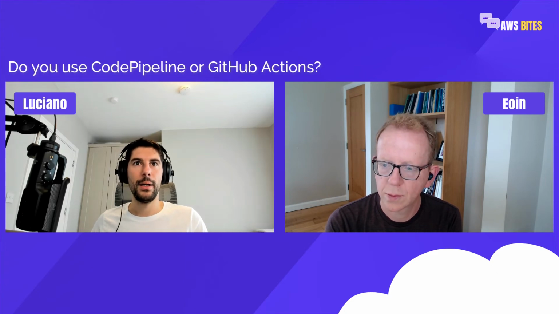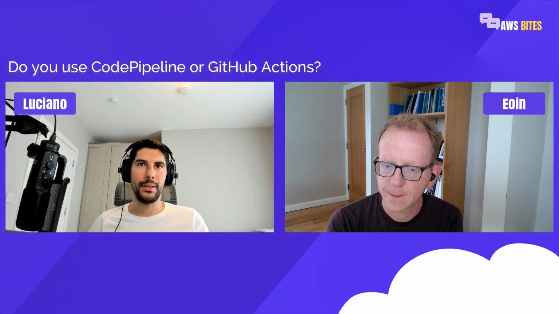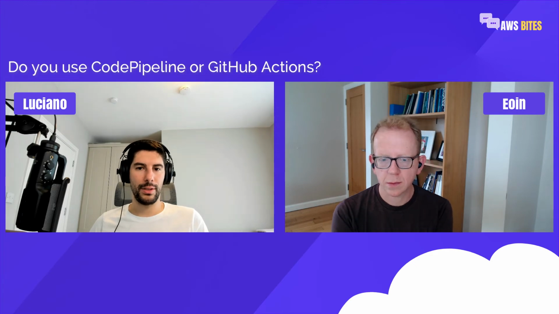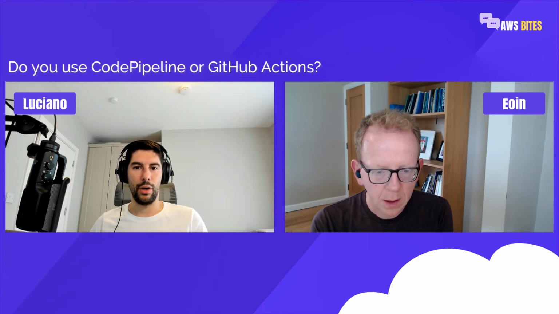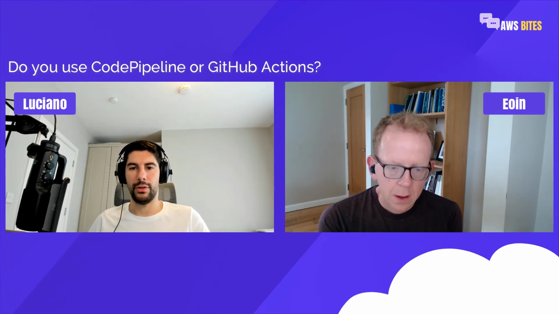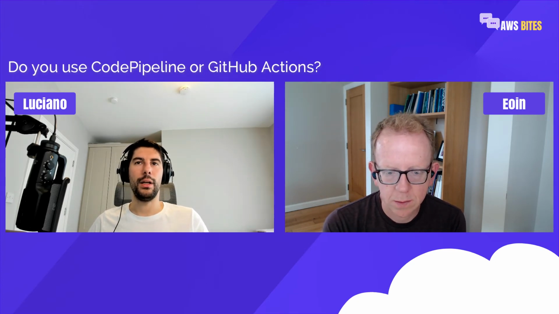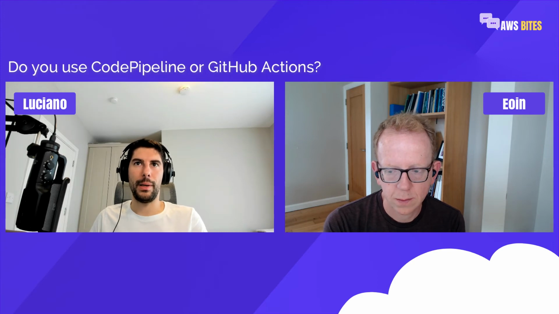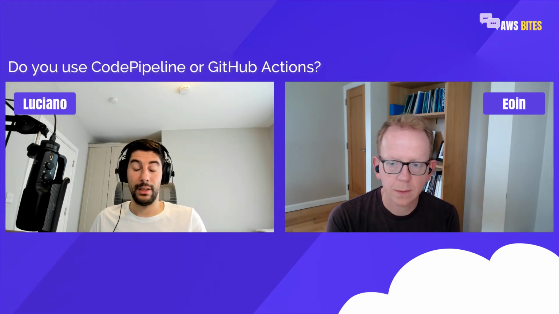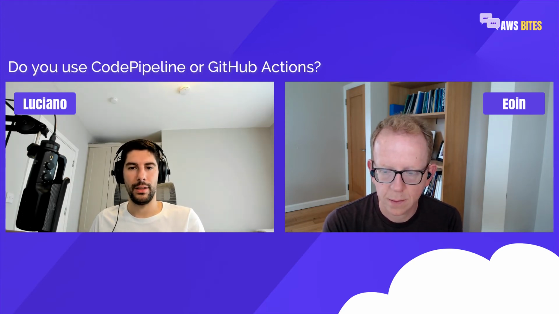What else? I think there is another interesting point regarding self-hosted runners. In general, when you use GitHub Actions, the pipeline is running on GitHub infrastructure. And of course, that comes with a cost that maybe we'll detail a little bit later. But if you don't want to run your pipelines on GitHub runners, you can self-host the runners yourself.